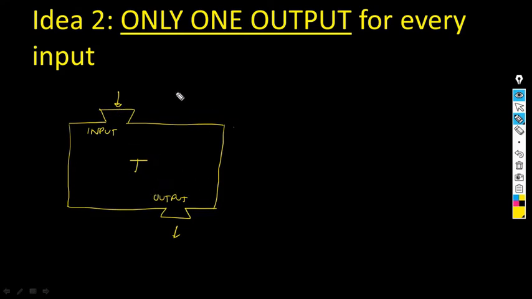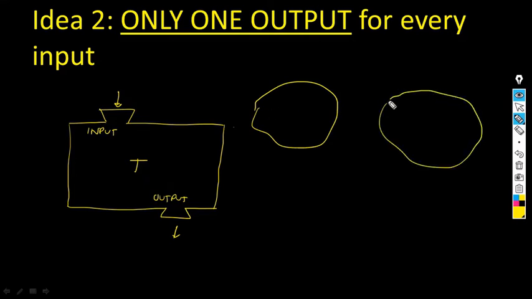Okay, so let's see how this machine works. I'm gonna give it the number 4 as input, and then the machine takes it in, it calculates the square root of 4, and it gives you the outputs. Okay, so it's gonna give you 2 outputs. It's gonna give you 2 because 2 is the square root of 4, because 2 times 2 is 4.